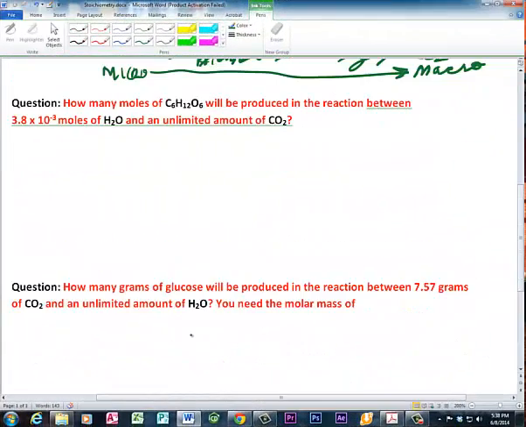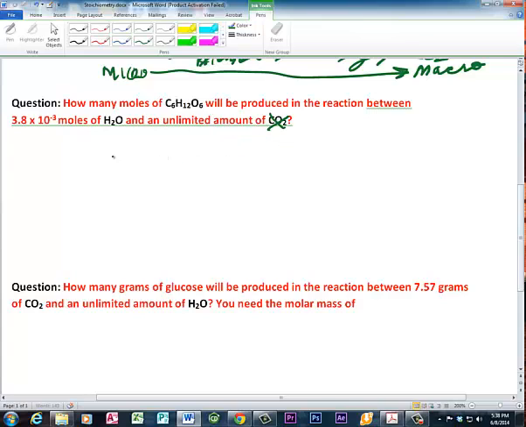So now we want to solve a different problem. This is really an easier problem to solve. Question: how many moles of glucose will be produced in the reaction between 3.8 times 10 to the minus 3 moles of water and an unlimited amount of CO2? So CO2 in this problem isn't a factor because we have all we need.